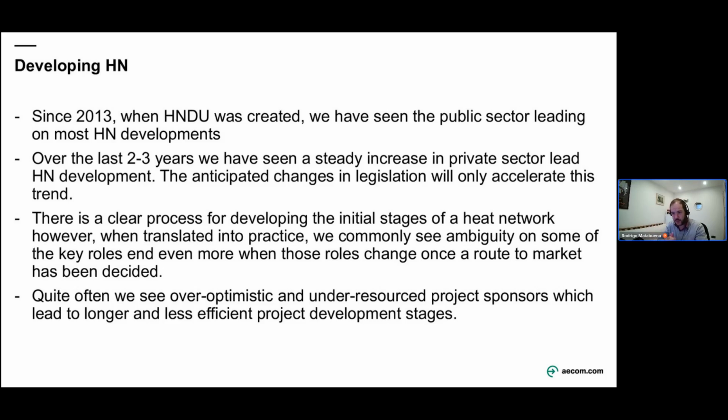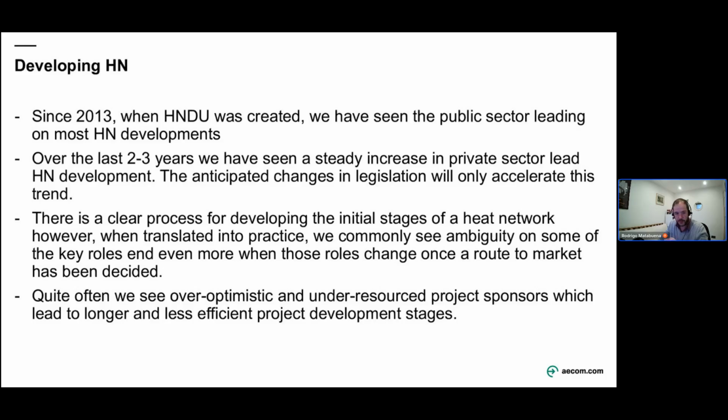Just to set some context, since 2013, when HNDU was created, we've seen the public sector leading most of the district heating schemes. However, in the last couple of years, we've seen a much higher share and much more intense involvement from the private sector.